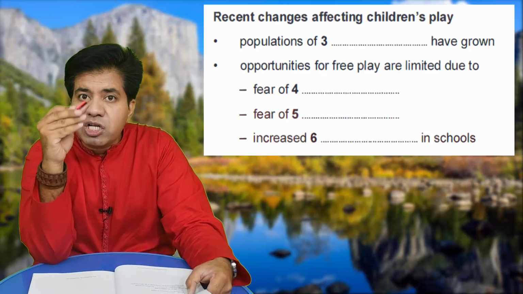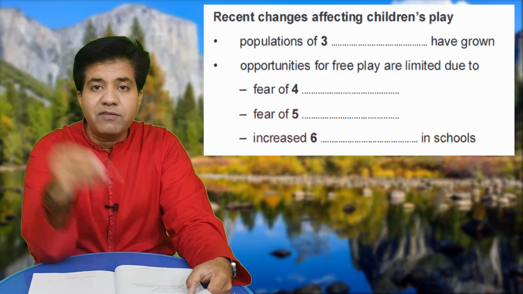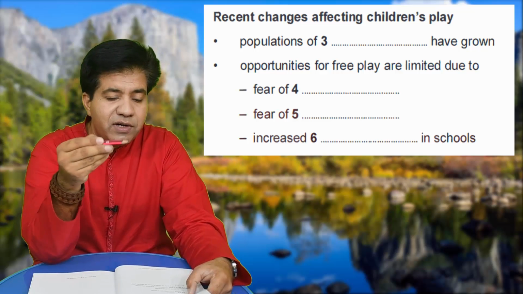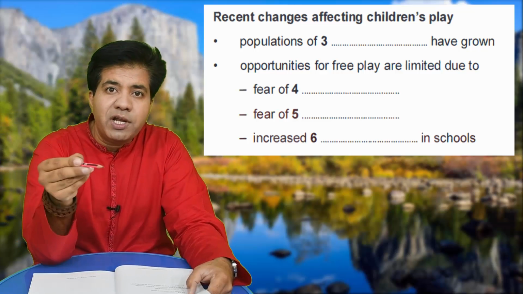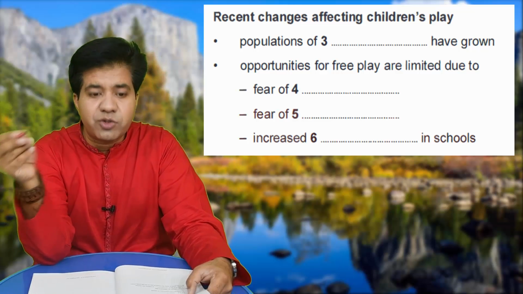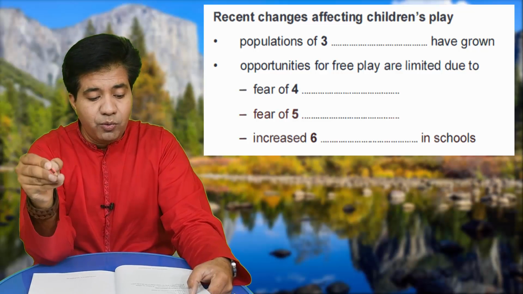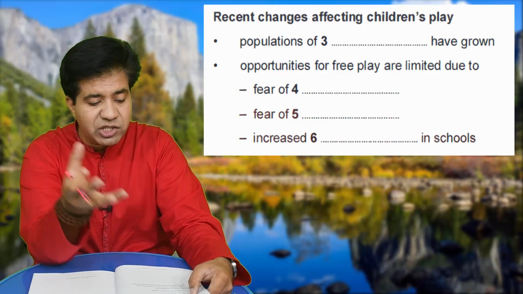Remember one thing, over here they are using the word population of dash. Over there they might write village population, city population, or for population they can use the word city dwellers or any other word. It's the plural, populations of dash have grown.